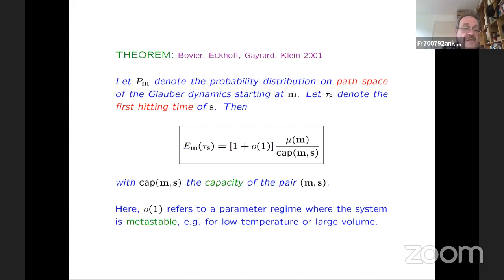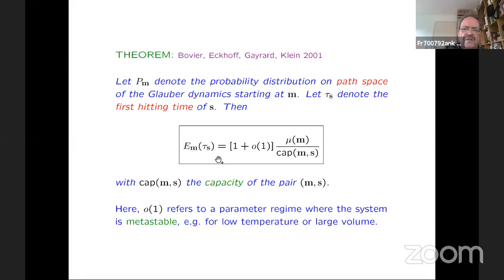Okay, now let me very quickly remind you, just to be self-consistent, of the key formulas as they come out of this very important paper by Bouvier, Eckhoff, Gayrard, and Klein that I've already mentioned a few times. We're going to think of P sub m to denote the probability distribution on path space of our Glauber dynamics on this configuration space that carries this graph as the basis.